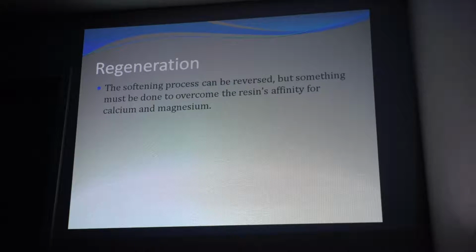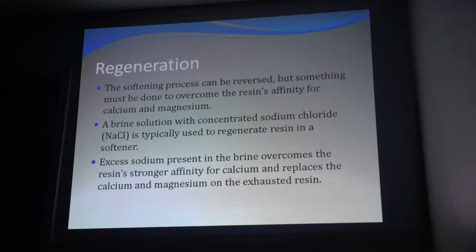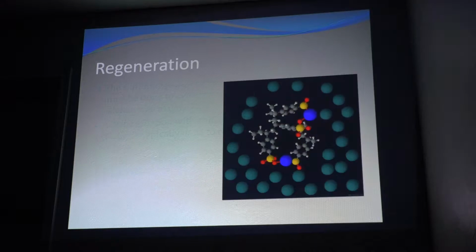Regeneration: the softening process can be reversed, but something must be done to overcome the resin's affinity for calcium and magnesium. And once again, that's the brine solution in the concentrated form. Excess sodium present in the brine overcomes the resin's stronger affinity for calcium and replaces the calcium and magnesium on the exhausted resin.